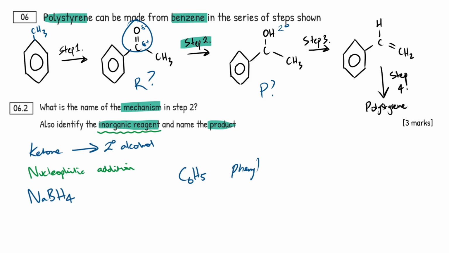But the reason that I'm saying this is because when we're naming organic molecules, an alkene is always going to have a lower priority than an alcohol, right? So if I'm looking at this and I'm saying, okay, what are our functional groups present? We've got a secondary alcohol right here, ethan-1-ol, right?